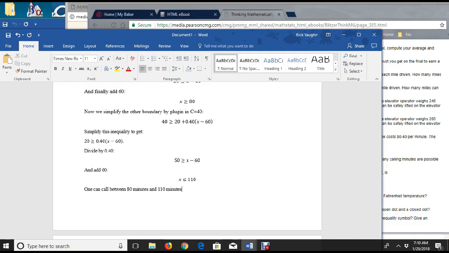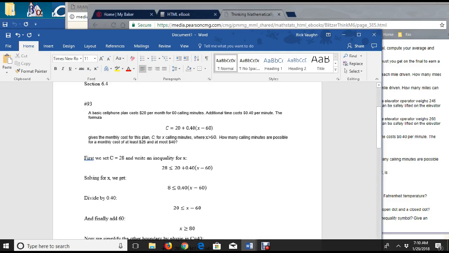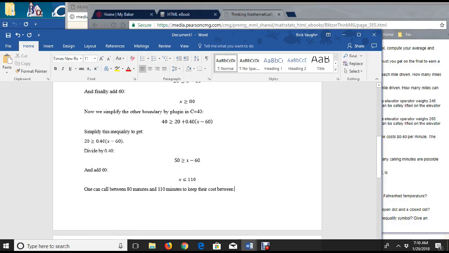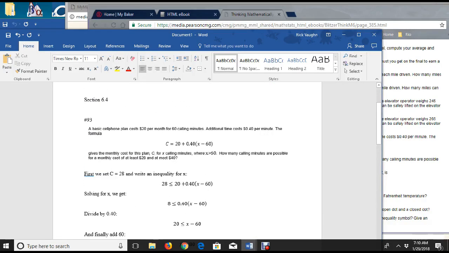I'm writing a complete sentence that contextualizes my response to keep their cost between $28 and $40. Period.